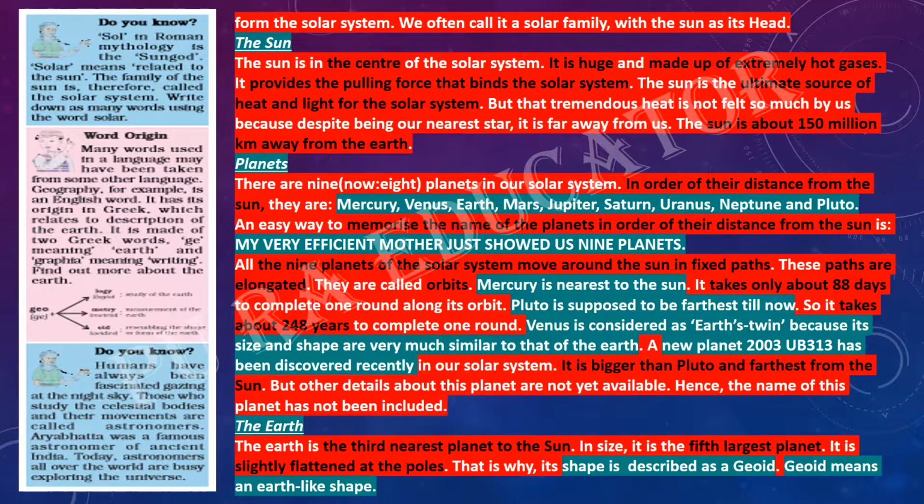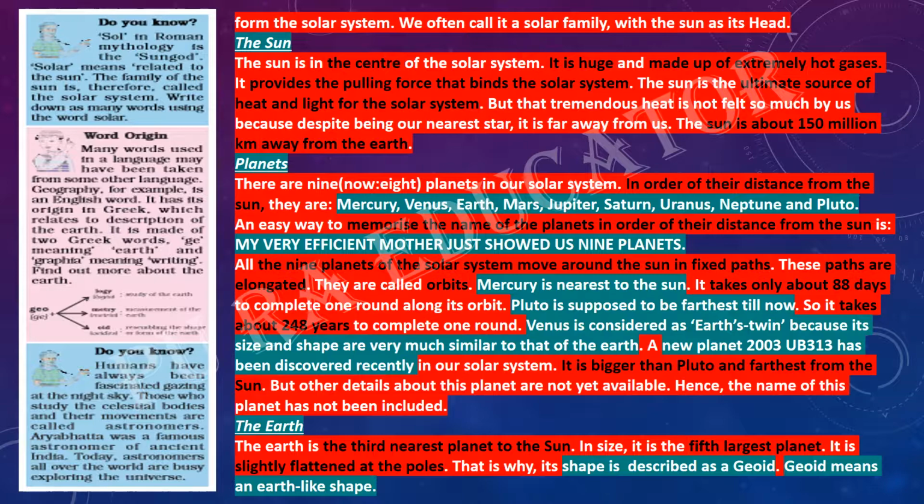Now we'll see the facts about the planets. Mercury is the nearest to the Sun. It takes about 88 days to complete one revolution around the Sun in its orbit. Pluto is supposed to be the farthest one, so it takes about 248 years to complete one revolution.